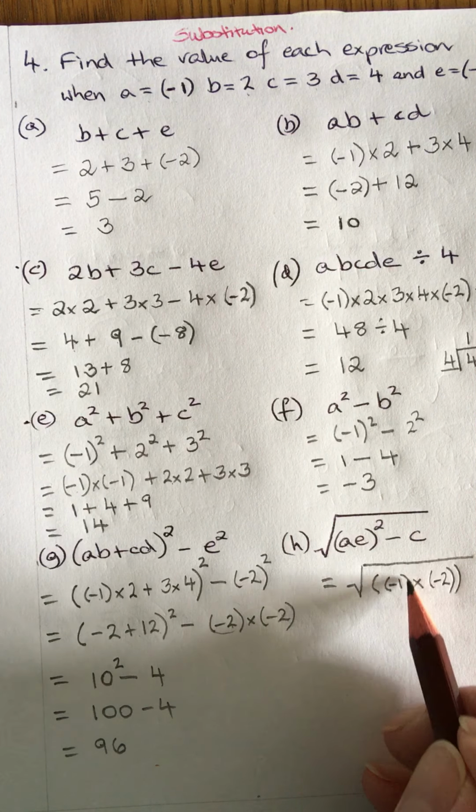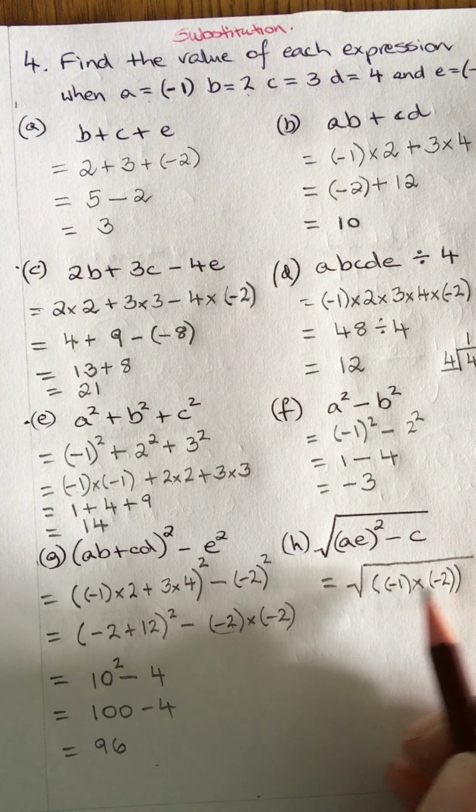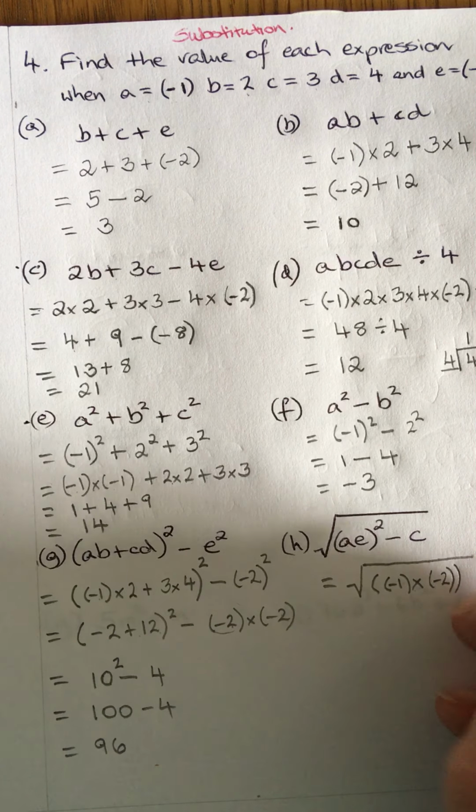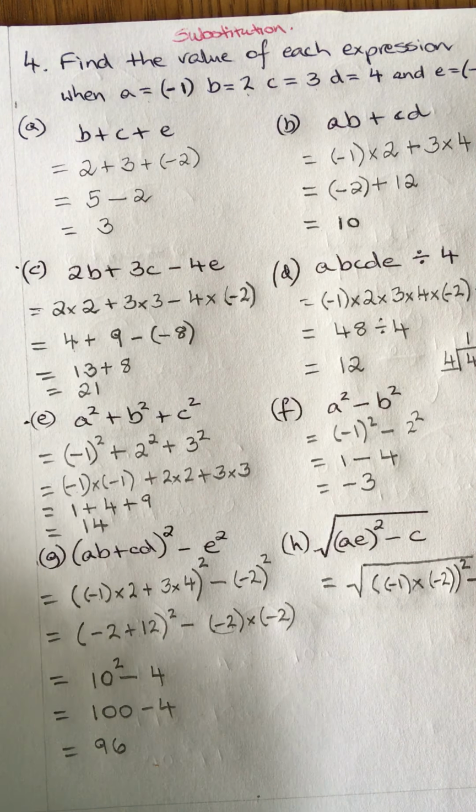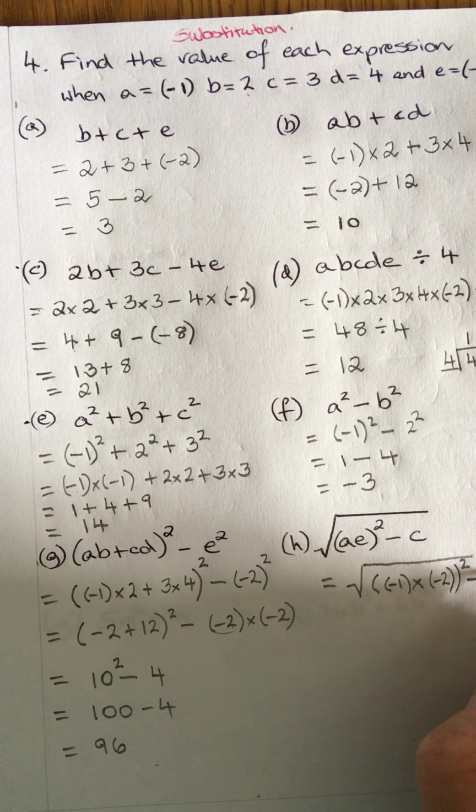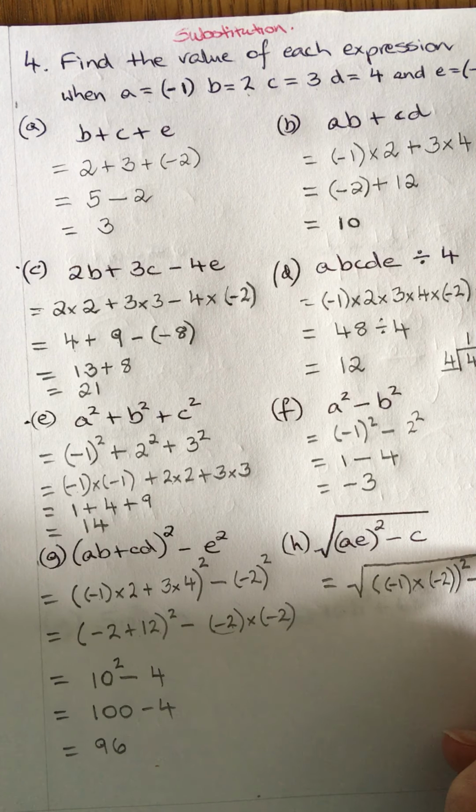Okay, so you've got A times E inside this bracket, and then it's squared. And then we take away C, which has got a value of 3. But make sure that square root sign's over the whole thing.